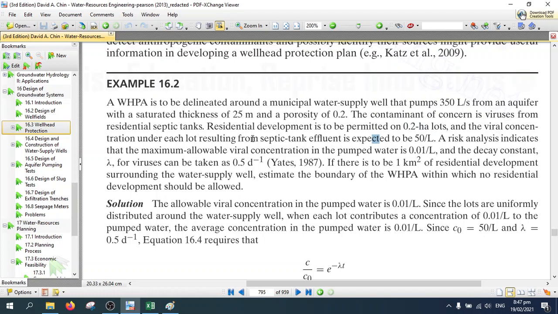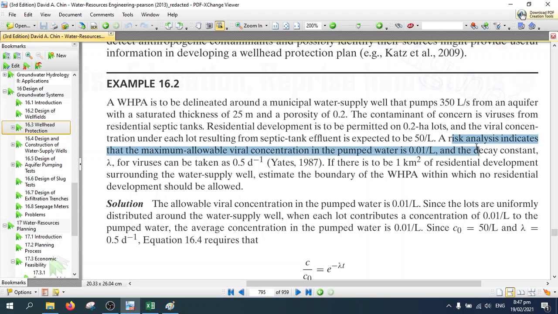And then each septic tank of the houses in the residential development is expected to have an output of 50 viruses per liter.